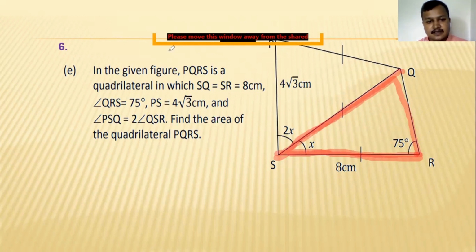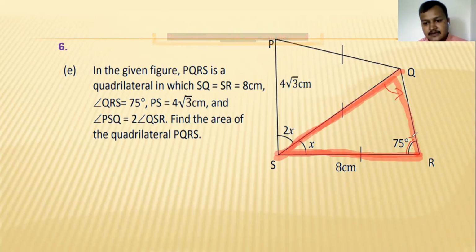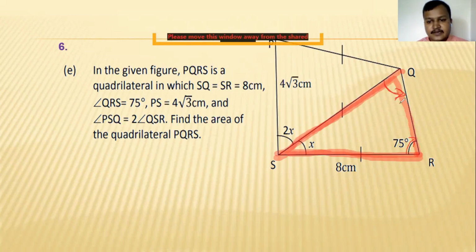It is an isosceles triangle. If it is an isosceles triangle, we know that the base angles of an isosceles triangle are equal. If angle R is 75 degree, angle Q is also 75 degree. If Q is 75 and R is 75, can we find the value of X? Yes, sir.